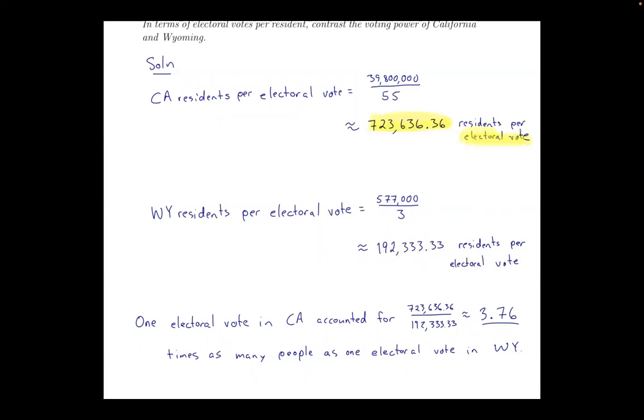723,000 people are sharing this one electoral vote in California, whereas 192,333 residents are sharing this electoral vote in Wyoming. So another way to say that is this, down below.